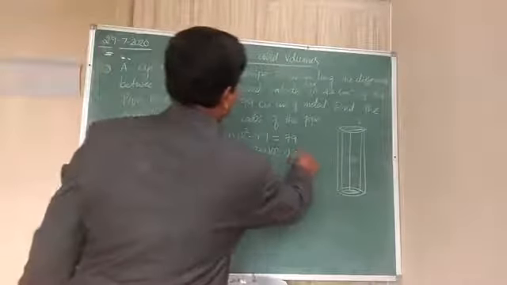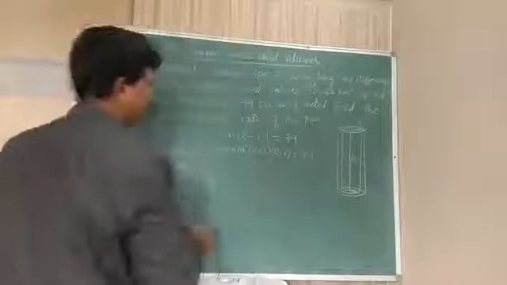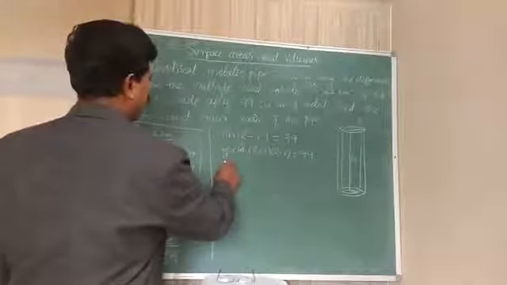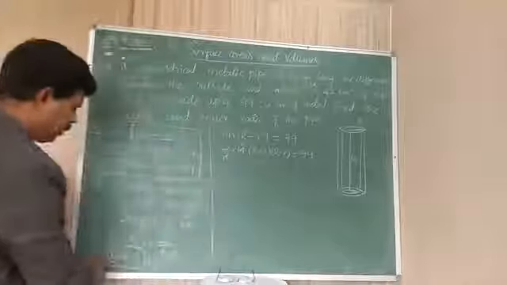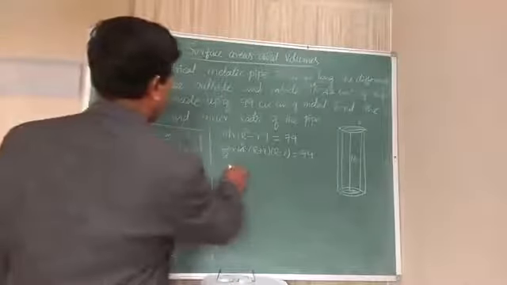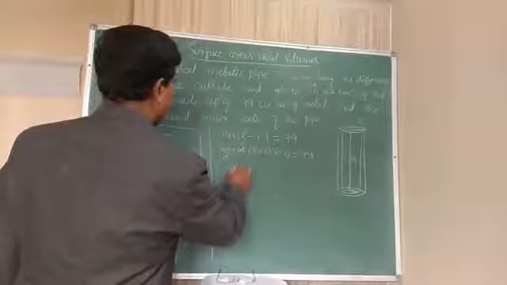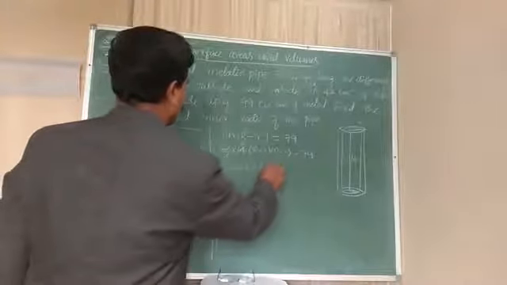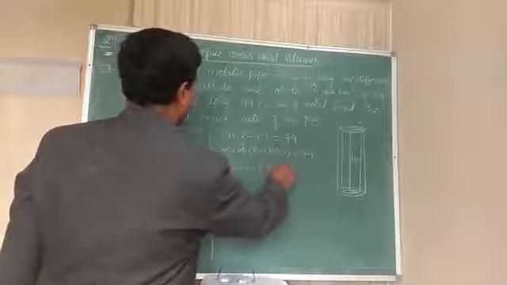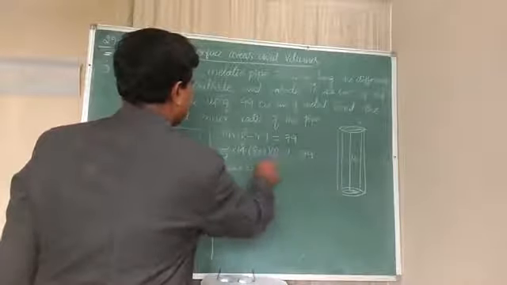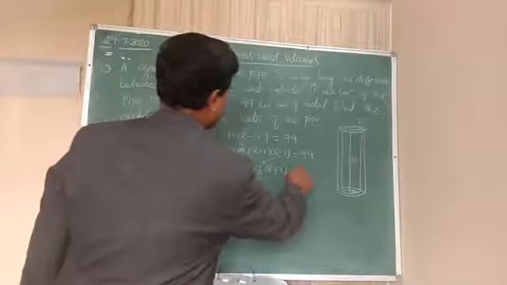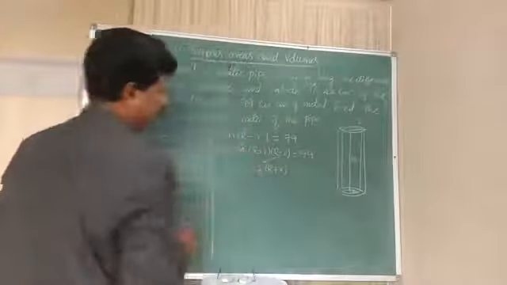That is equal to 99. Then 7 twos are 14. So R plus r, and here R minus r is given, so you can write it as 22 into 2 into 1 by 2 into R plus r. Here this R minus r value is 1 by 2. That is equal to 99.